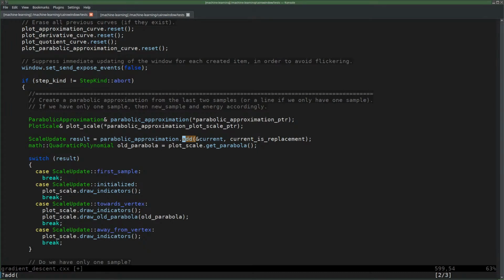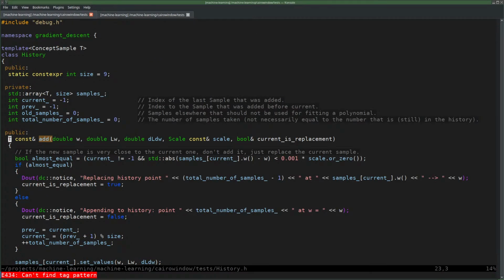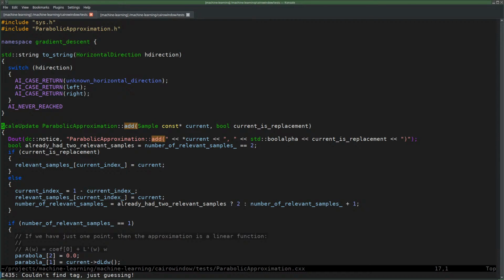This add. So I just changed this pointer. So this reference now pointing to the parabolic approximation of my minimum. And then we might add a new sample to it. It is then an add of the parabolic approximation, which does the following thing. That is this function.